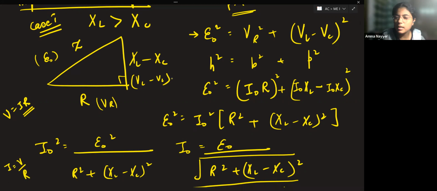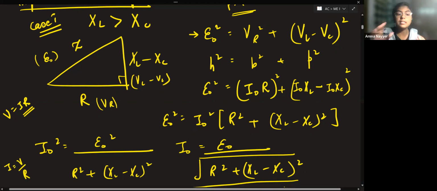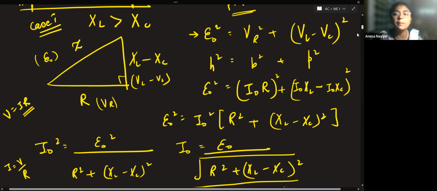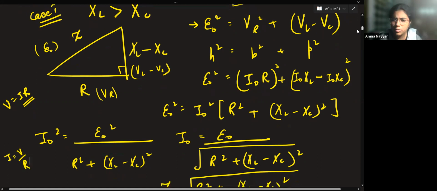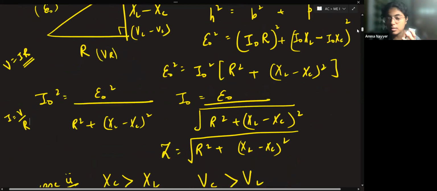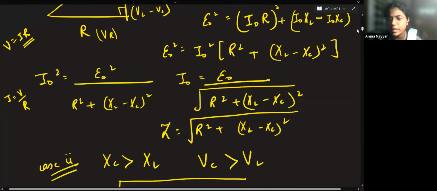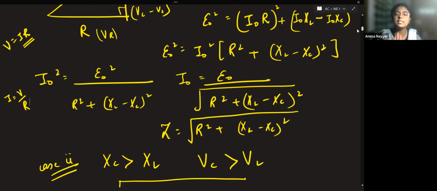It means I can conclude that this entire term is the resistance, because this is exactly matching the standard equation of Ohm's law. So I naught is equal to E naught divided by under root R square plus XL minus XC whole square. This gives impedance. You can say resistance, but the official authorized term we have for the resistance of LCR circuits is impedance.